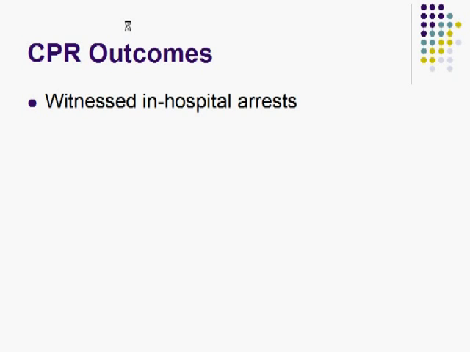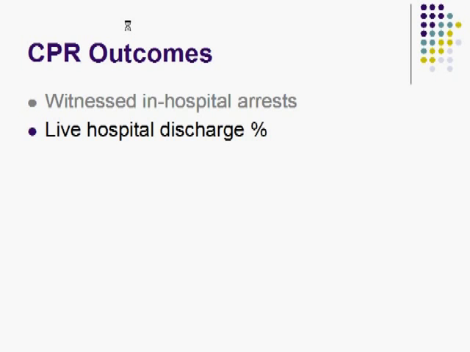If you look at a very specific data set, those people who have an arrest in the hospital, which is witnessed, and we look at the goal of CPR as being discharged from the hospital alive. Now, discharge from the hospital alive may mean that you're well and you walk out the front door. It might mean that you are in a chronic vegetative state with a feeding tube and transferred to a long-term care facility. So the quality of life is very variable, but that's the data we're going to look at.